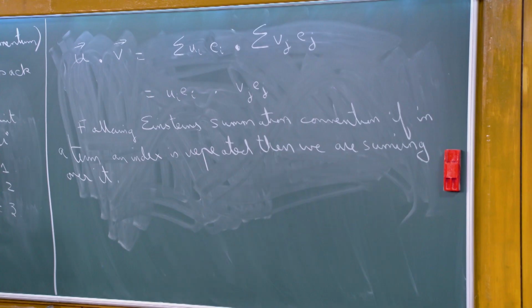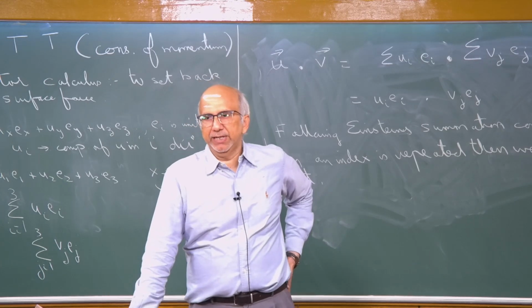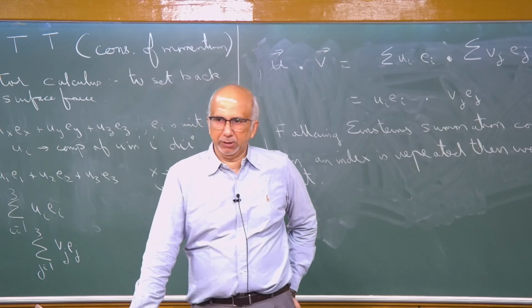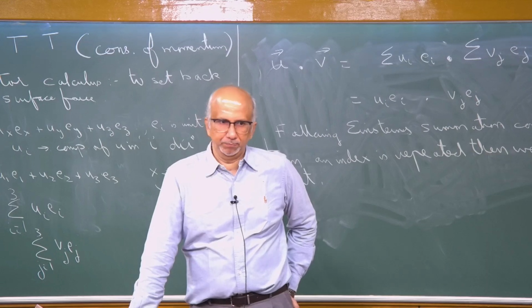So ui ei means I am summing over i, vj ej means I am summing over j, because j is repeated, i is repeated.